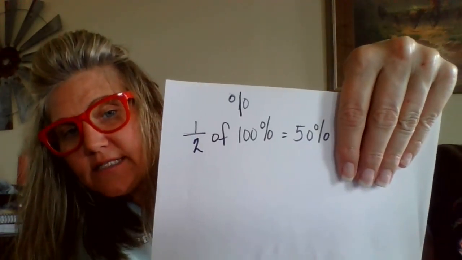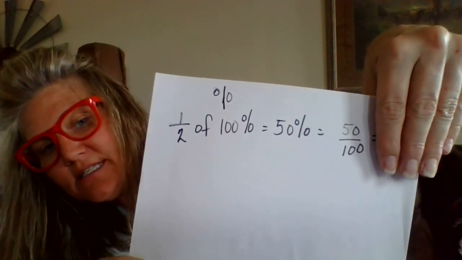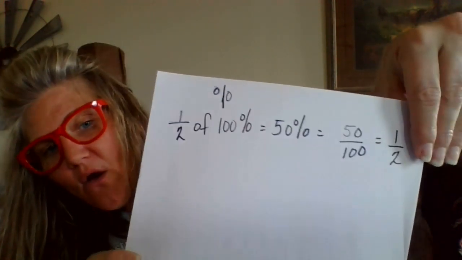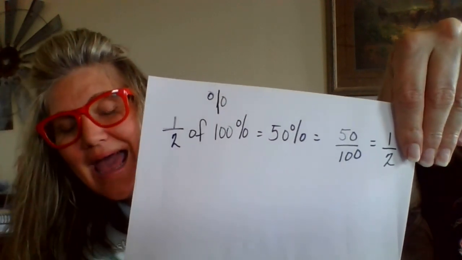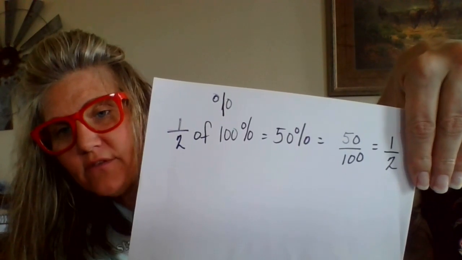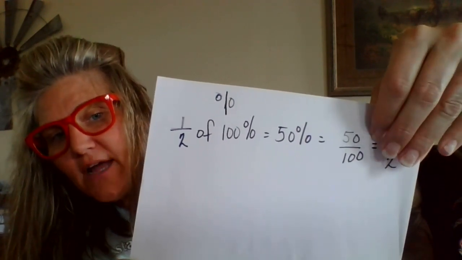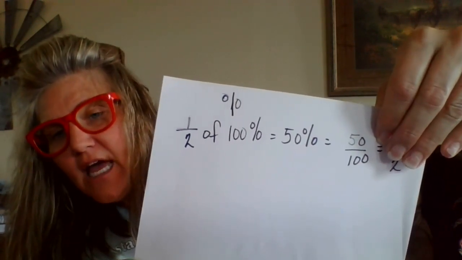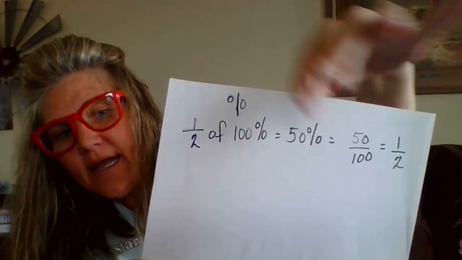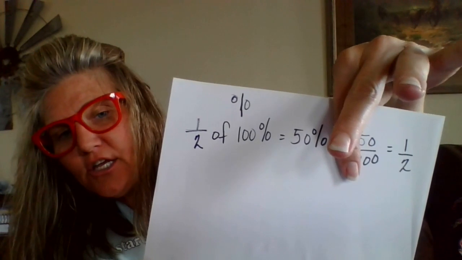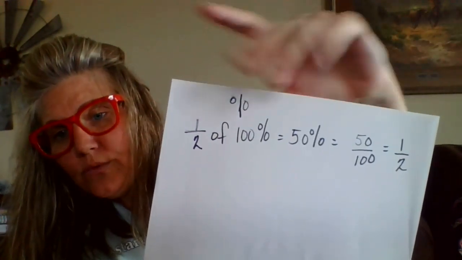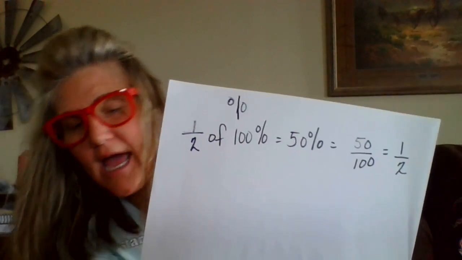Or you also could say 50% equals 50 over 100, right? Equals 1/2, because when you reduce 50 over 100, you get 1/2. If you reduce, the factor you would use would be 50. How many 50s go into 50? 1. How many 50s can you make 100 with? 2. So 1/2.